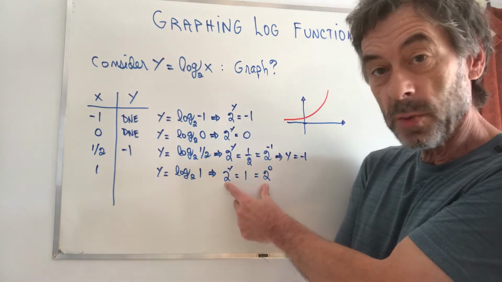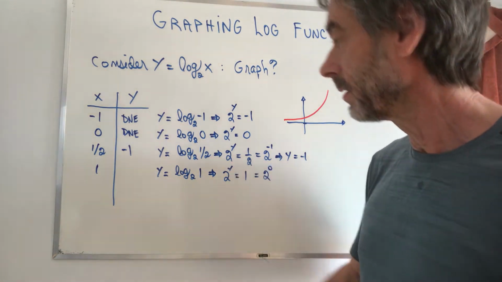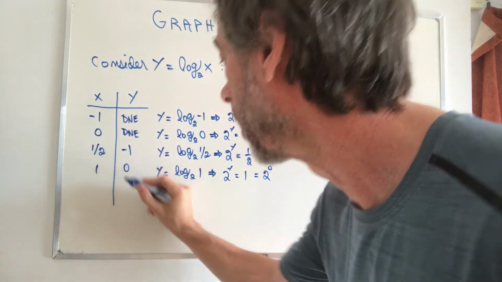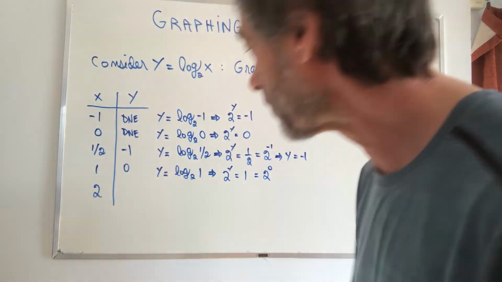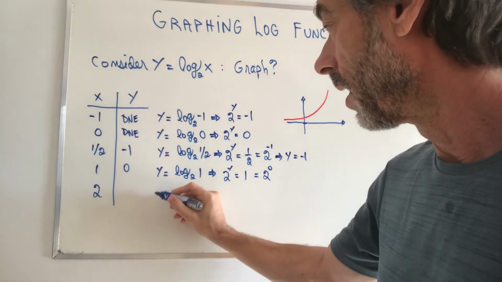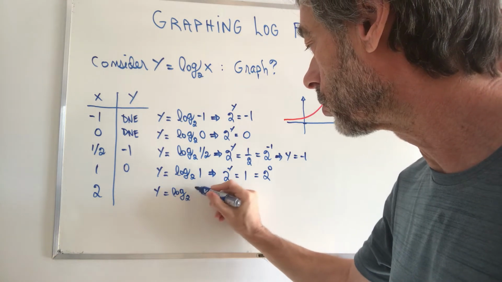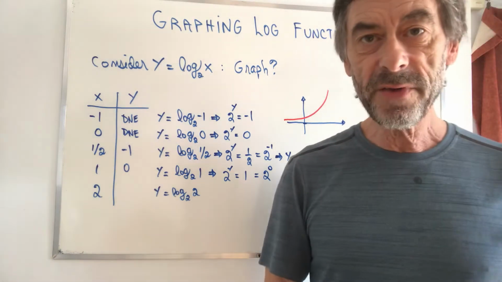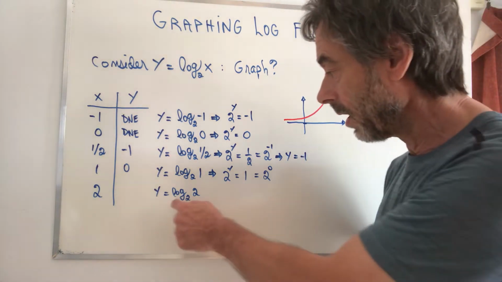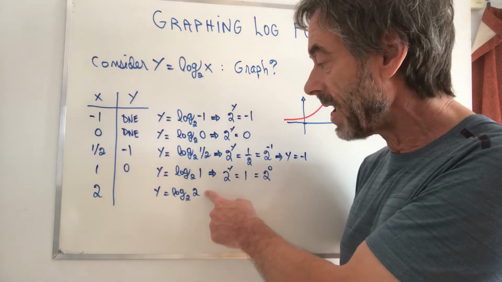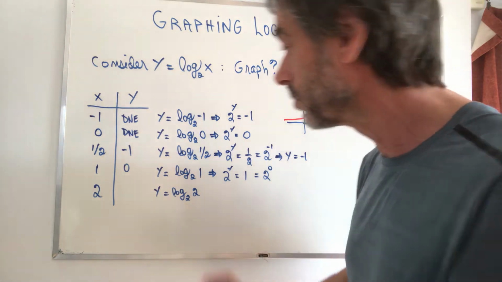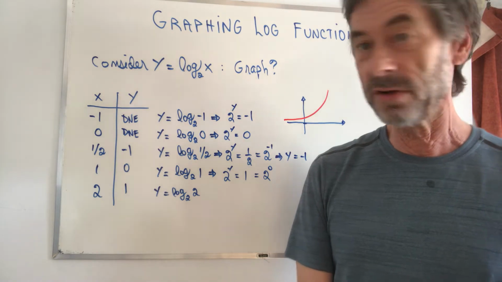Same base, 2 and 2. So now my y is 0. Let's try 2. y is equal to log base 2 of 2. Hey, don't I have an identity for that from the last video? Log base a of a is always equal to 1. Yes, if you remember that, good for you.